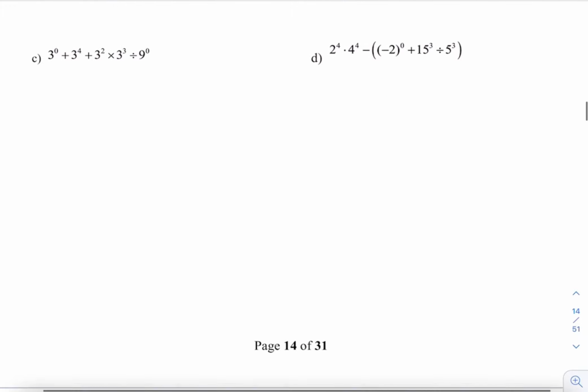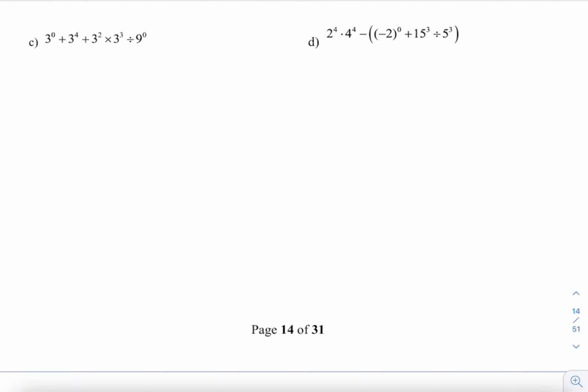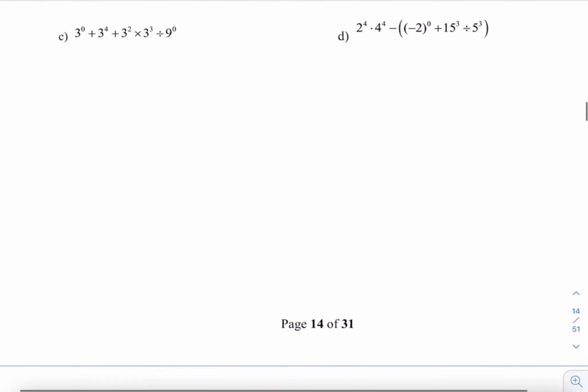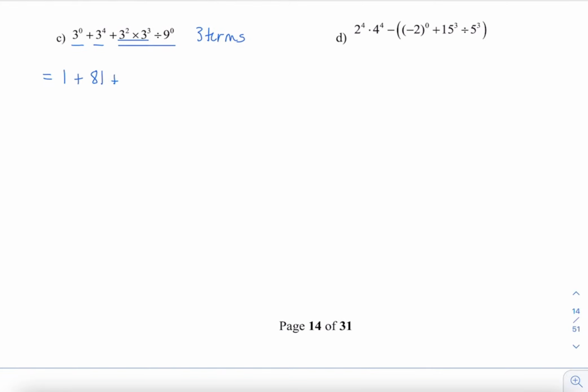All right, let's look at C. So before I do anything, let's recognize that that is a term all stuck together. So in this question, there are 3 terms. The first 2 terms simplify as 1 plus 81. Now we'll simplify 3 to the power of 2 times 3 to the power of 3. Well, I know that is going to be 3 to the power of 5 when I add the exponents. 9 to the power of 0 is just 1.